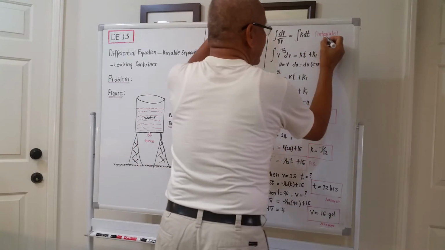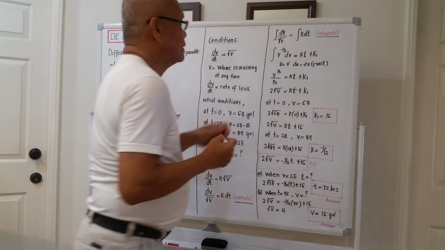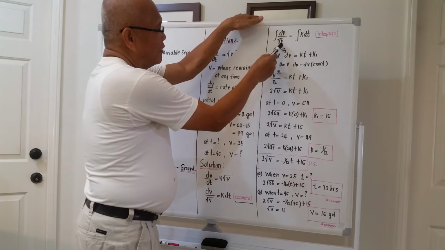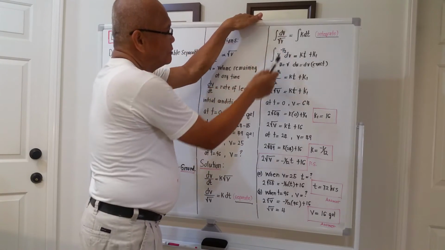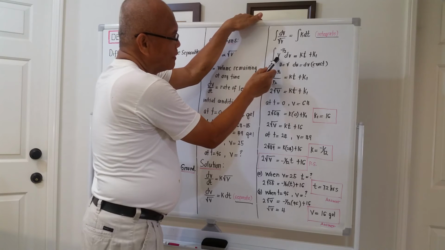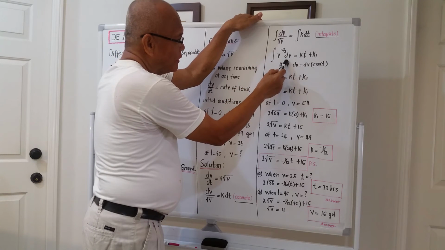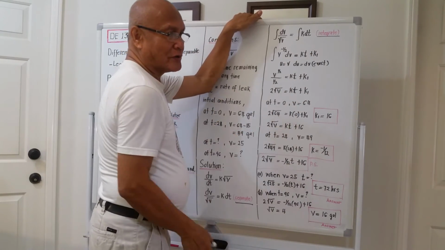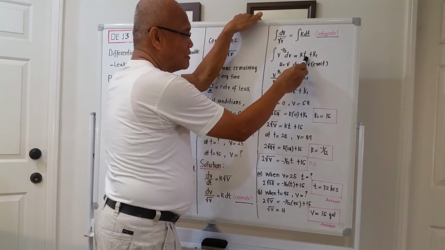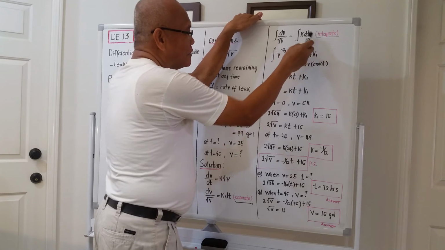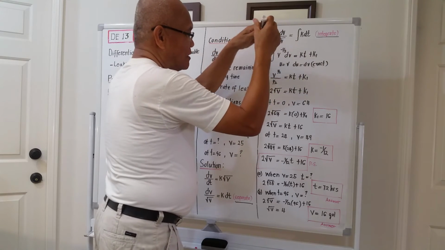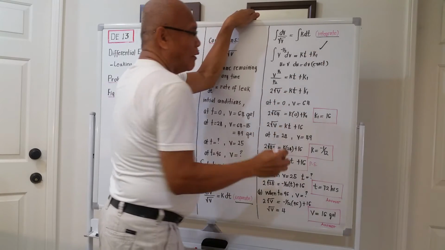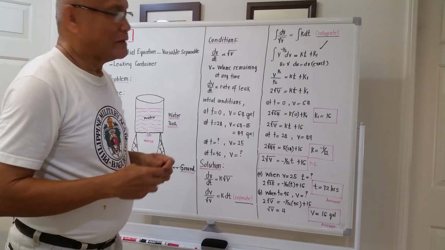The left hand side can be written as V raised to negative 1/2 dV, equal to the integral of the right hand side. We can now proceed with the integration. It will simply be k times t, because the integral of dt is just t, plus an unknown constant of integration k sub 1. Okay, let's try to integrate the left hand side.